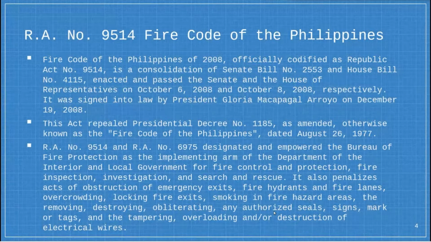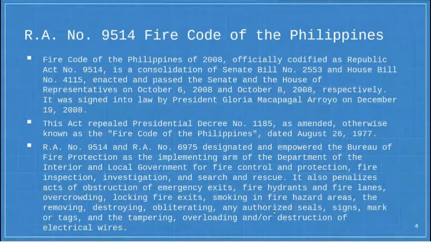Basically speaking, to relate this to us engineering students, we are also concerned about this fire code because it allows us to understand how we can lay out structures which lead to exits, hydrants, and anything of the sort that can suppress fire, which leads us to PD 1185, which is what to avoid in order for us to have a safe and less hazardous way of facilitating our own businesses.